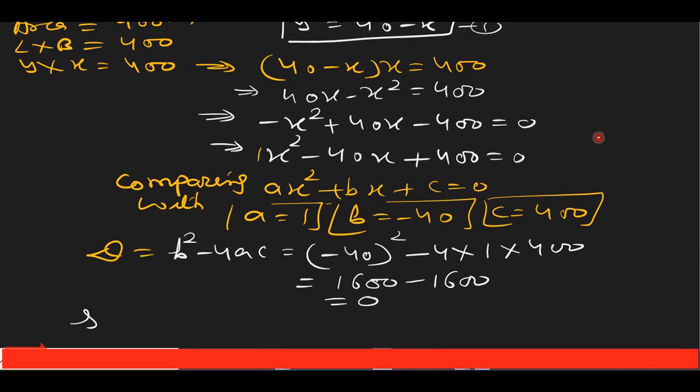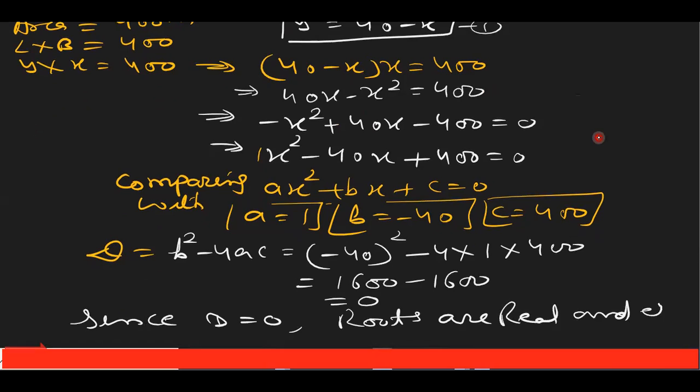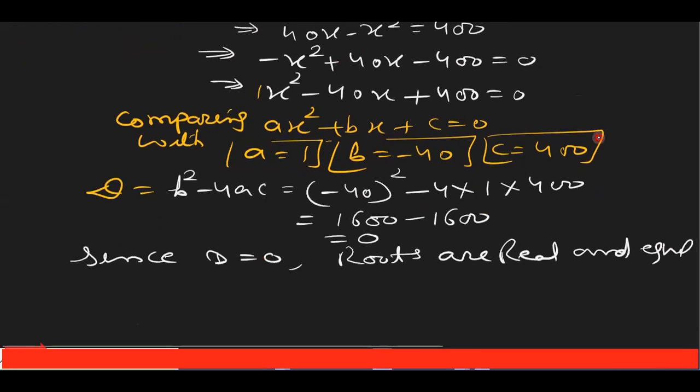So we can say, since discriminant is 0, therefore roots are real and equal. Both of its roots will be real and also equal.